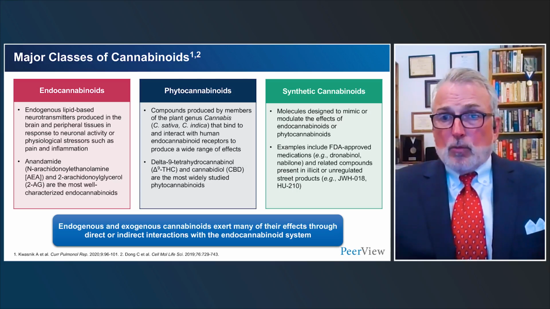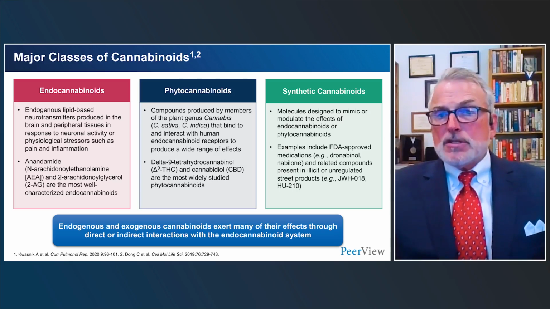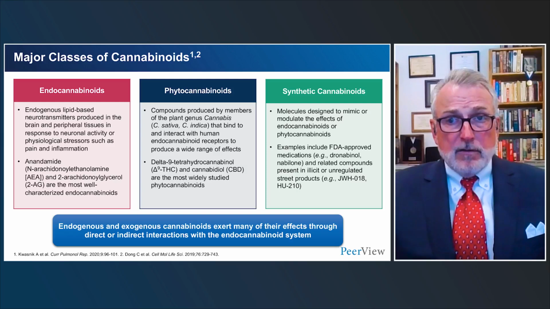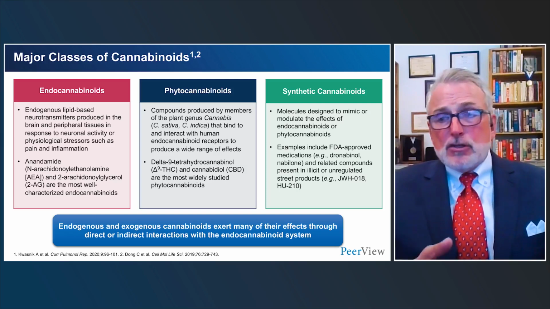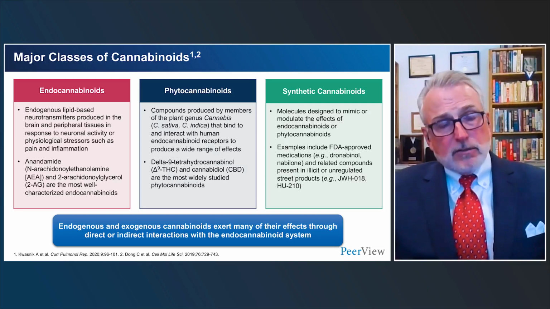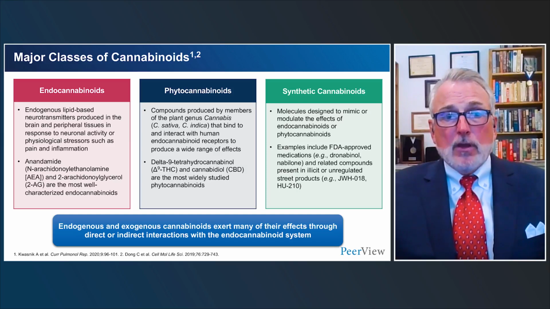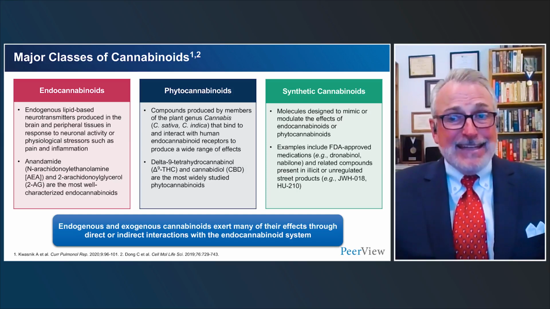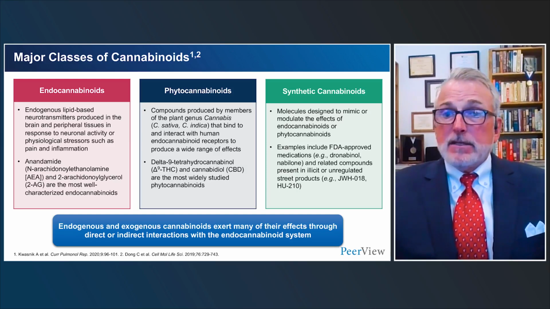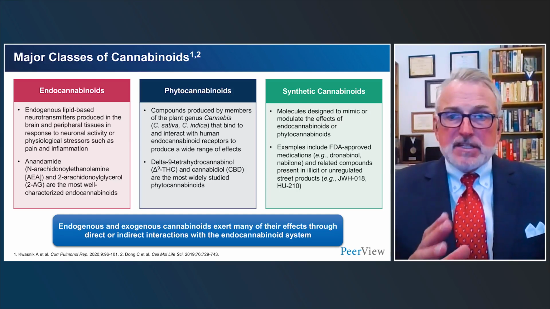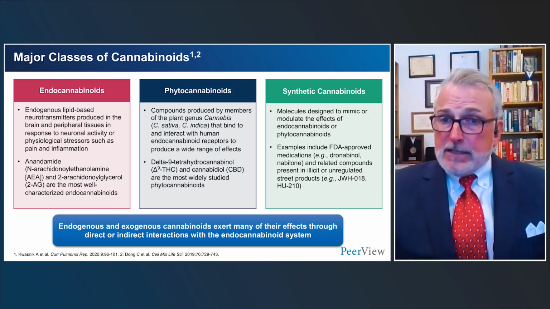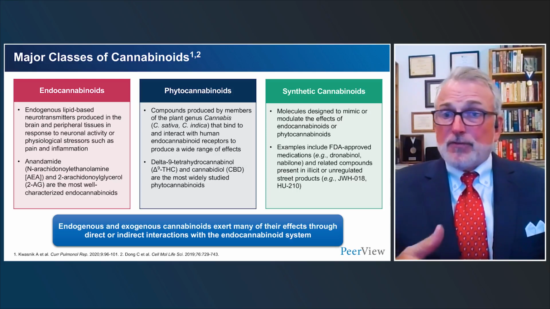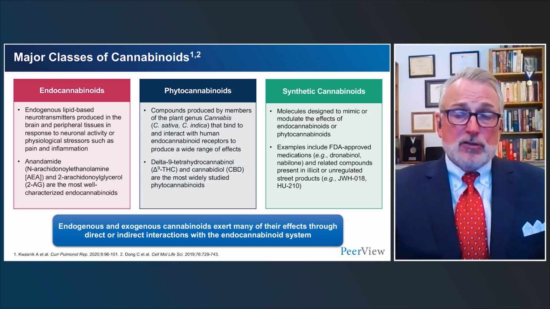In particular, we use the bioactive fatty acid arachidonic acid, the 20-carbon fatty acid that's found in all of our membranes, and we convert that into two primary molecules, 2-arachidonyl glycerol, 2-AG, or arachidonyl ethanolamine, AEA, also known as anandamide, which, by the way, is a Sanskrit term for bliss, reflecting the fact that the psychoactivity of THC is reflected in its euphorogenic nature.